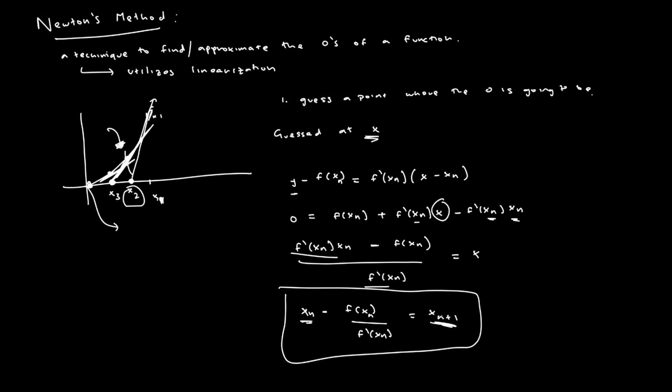And as you keep applying this update rule for higher and higher numbers of n plus 1, you're going to see that the difference between x of n plus 1 and x of n is going to continually decrease. And at some point the difference is going to be really small.